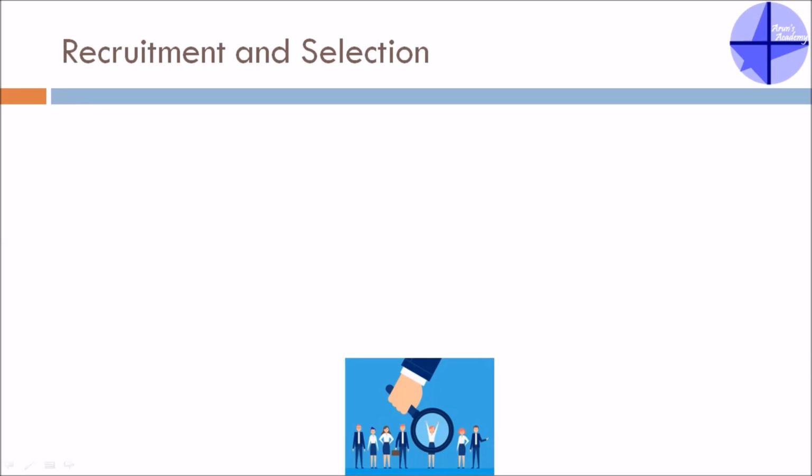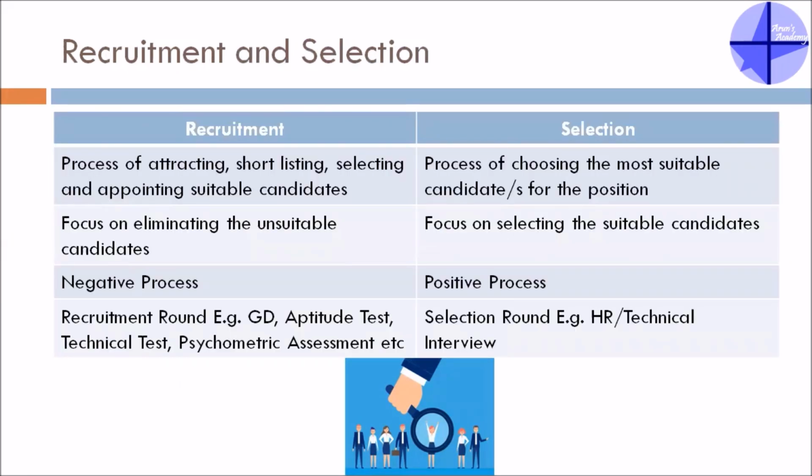By definition, recruitment is the process of attracting, shortlisting, selecting, and appointing suitable candidates. The process of recruitment focuses on elimination of unsuitable candidates and thus is known as a negative process. For example, GD or group discussion round, aptitude test, and so on.